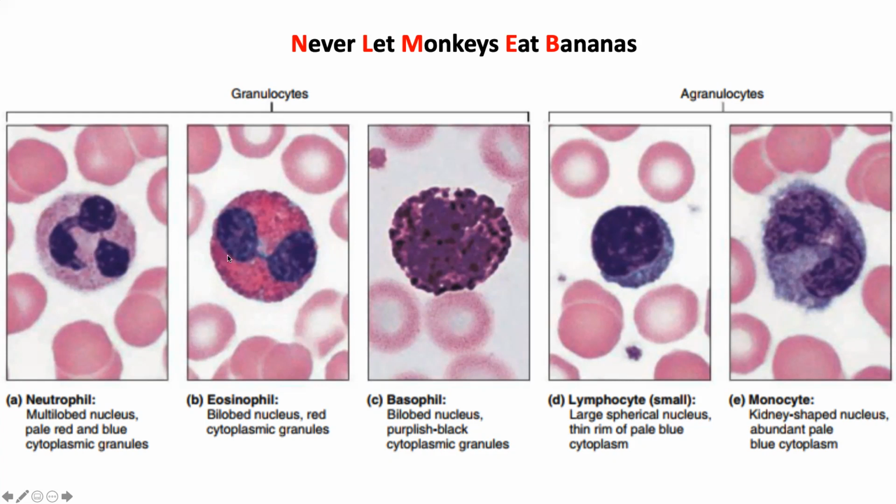In eosinophil, we have a bilobed nucleus in the red or pink cytoplasm. So it looks like an ET. Eosinophil looks like ET in the red cytoplasm.